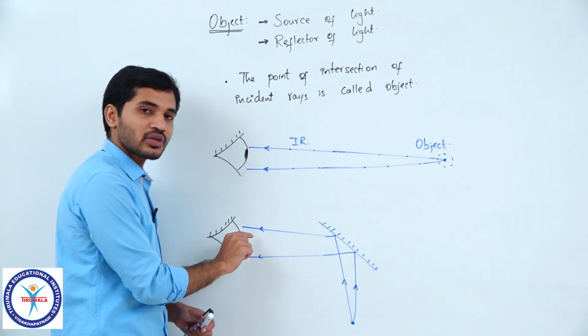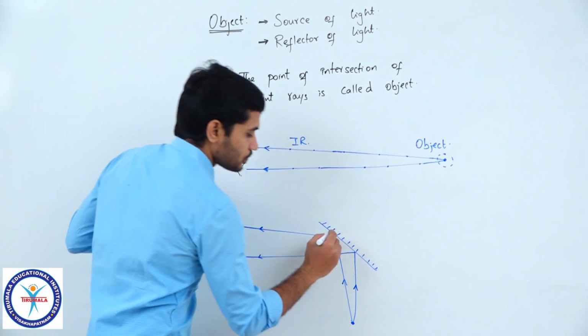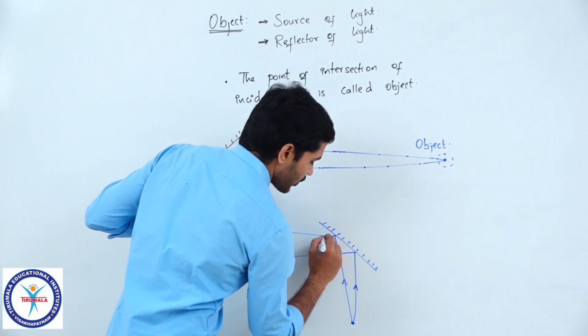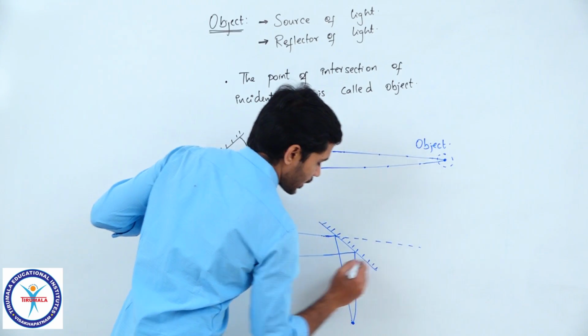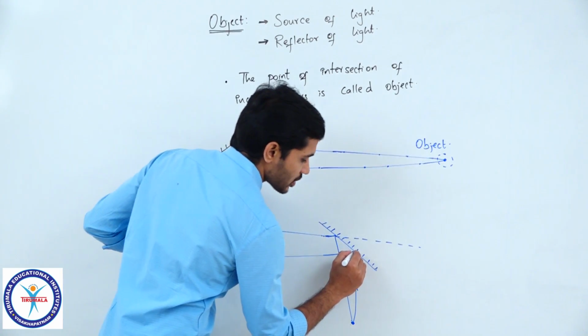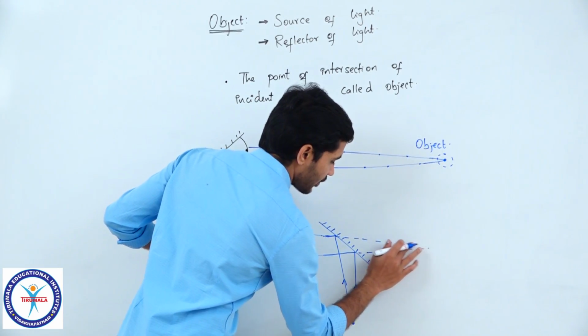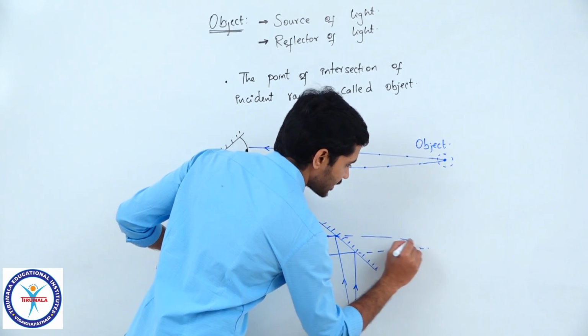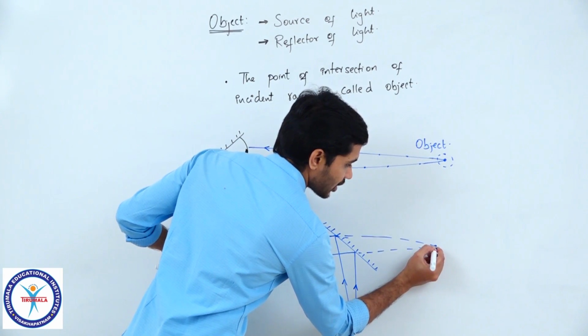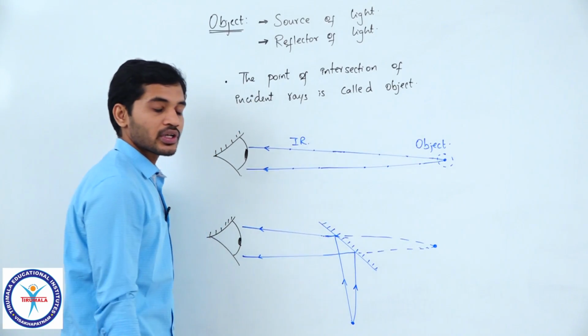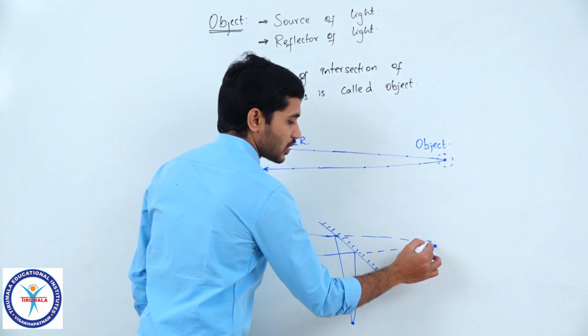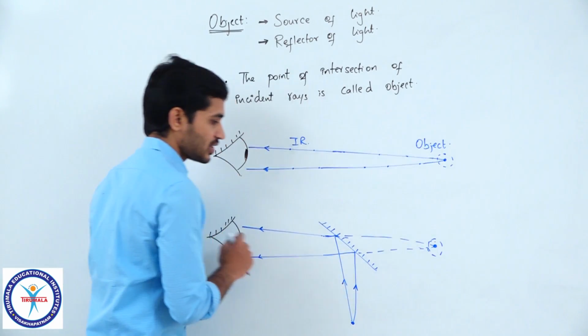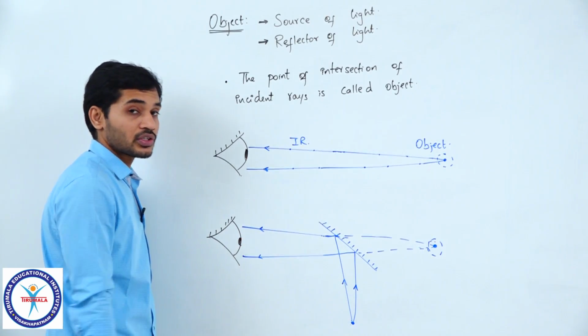Now, when he does the same thing with this also, he thinks that the light rays are coming from some point on this line, and when he finds the intersection point by tracing them backwards, he would once again observe that the object is somewhere over here. So, he thinks once again that this is the point from where these two light rays are originating.